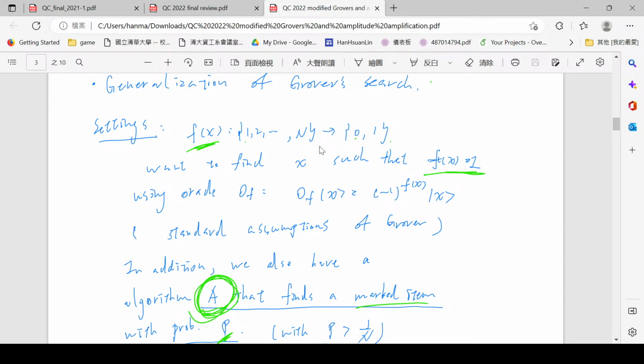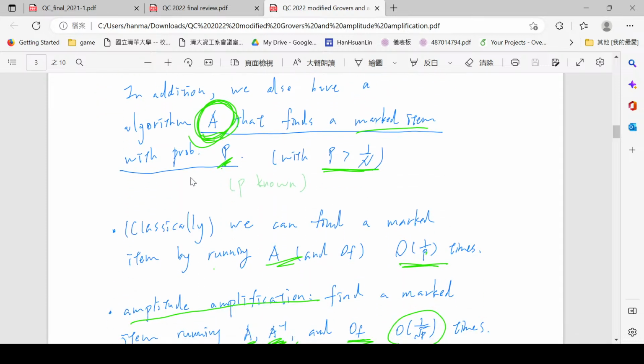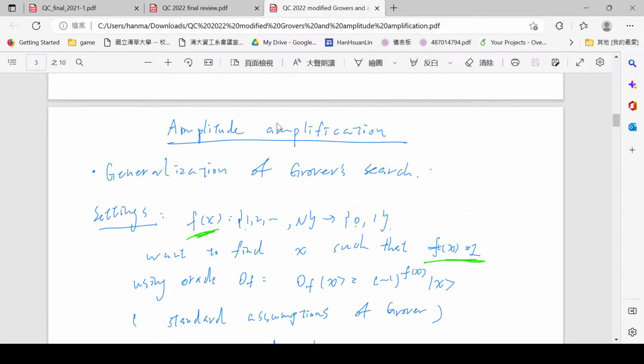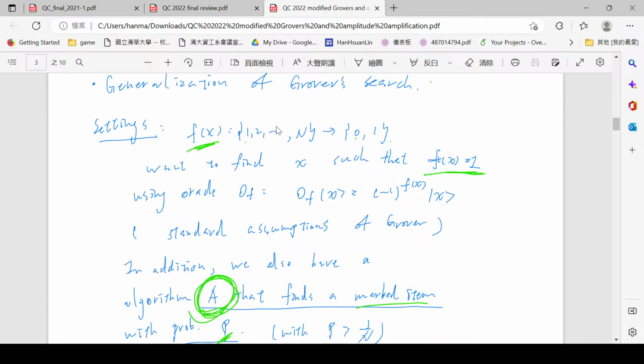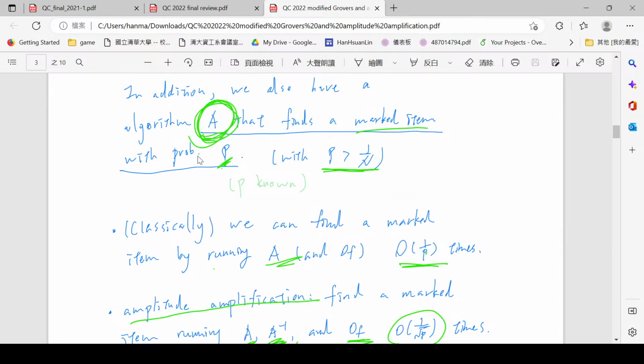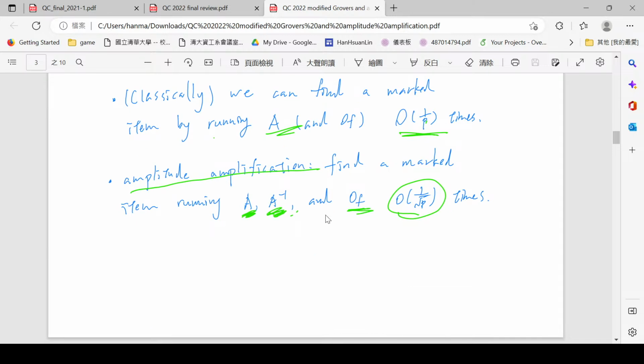You can think of this like amplifying some classical algorithm that can partially solve your search problem, then you amplify its success probability. So your classical algorithm has success probability p. Then you can use Grover search to amplify the success probability using only order 1 over square root p time.